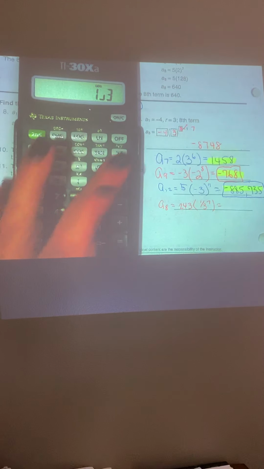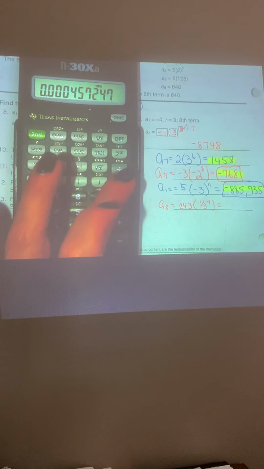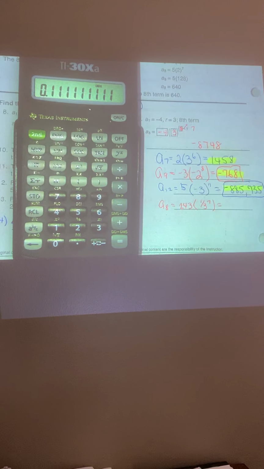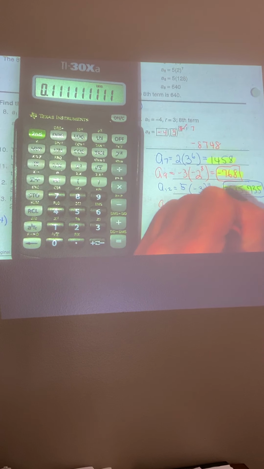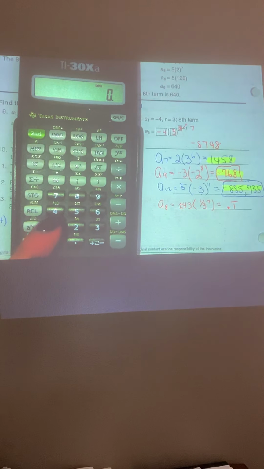Y to the x 7 equals, times 243 equals. Whoa, 0.1, okay, 0.1 repeating. There's my answer. First of all, 1/3: 1, ABC, 3. That's how we write 1/3.